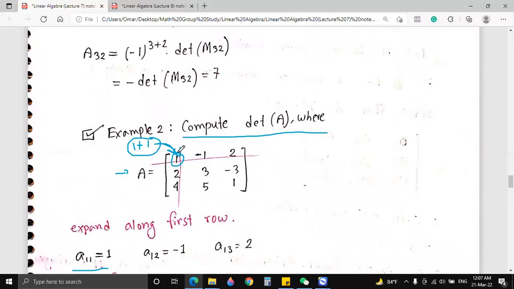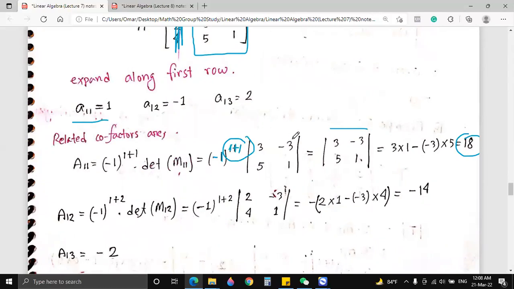And then when we are considering this entry, then we will omit the corresponding column and corresponding row, okay? So we are left with 3 minus 3 and 5 and 1, right? So that's why I write down here 3 minus 3, 5 and 1. So 3 multiply 1 is 3, minus 3 multiply 5 is minus 15. That means 3 plus 15, that is 18, okay?